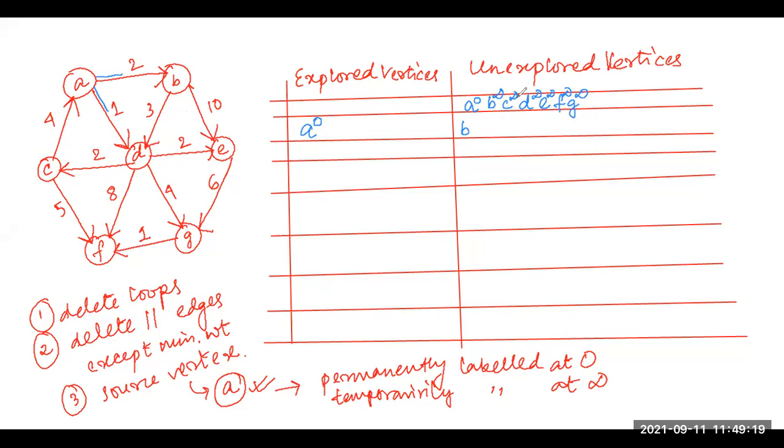So the rule is, the vertices which I cannot reach, I will keep as they are in the previous step. So C, E, F, G, I will just copy with the weight infinity from the previous step.